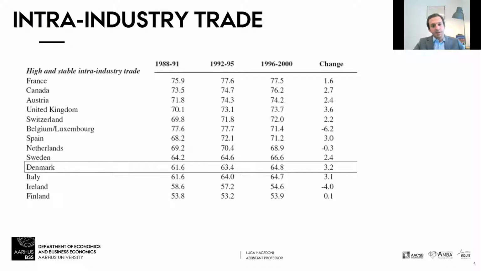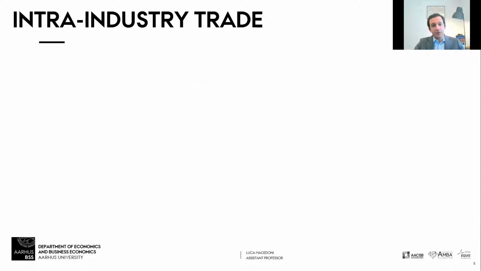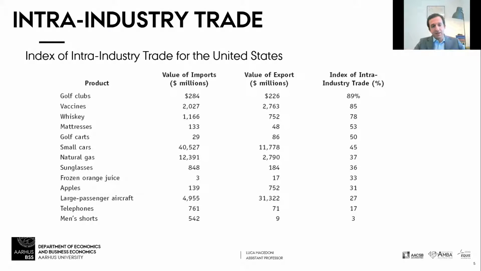Well, let's think a little deeper about what types of products are characterized by higher intra-industry trade. To see that, let's look at the index of intra-industry trade, in this case for the US, across different product categories.